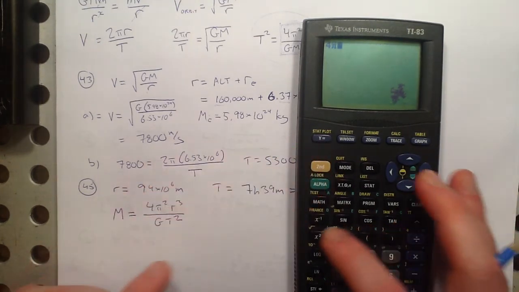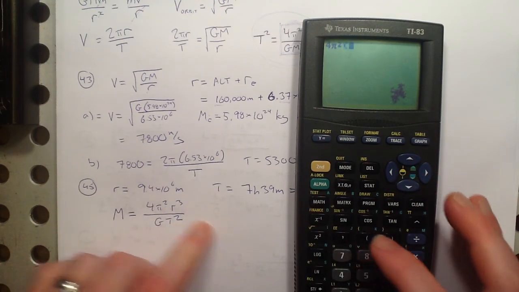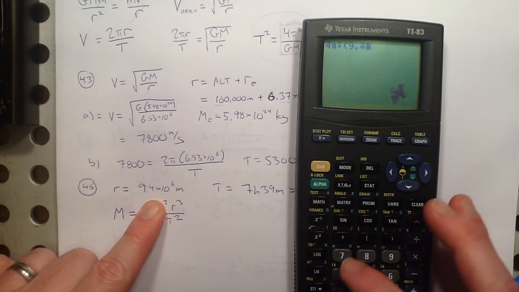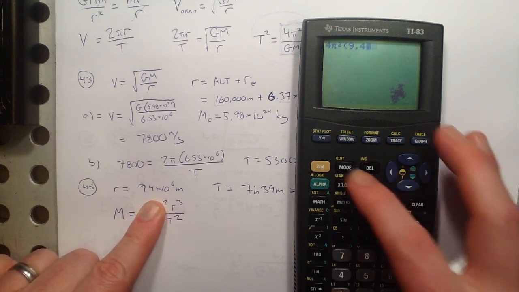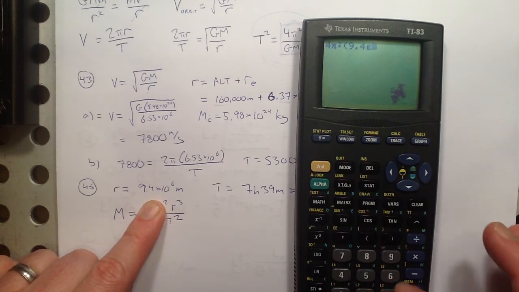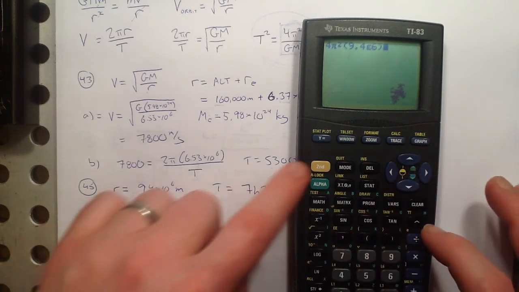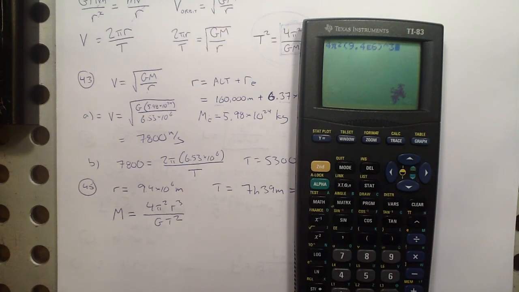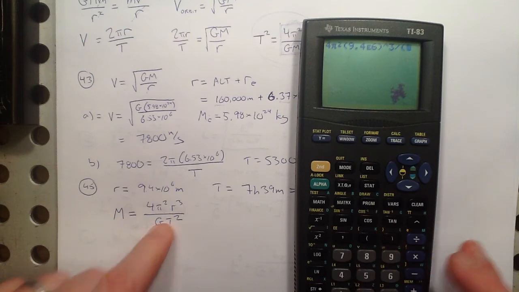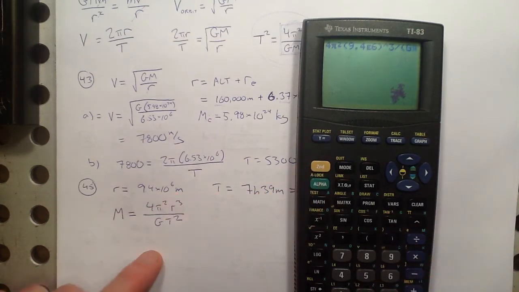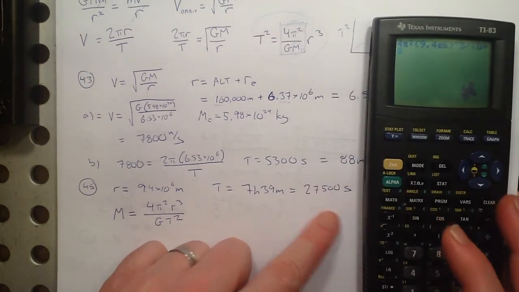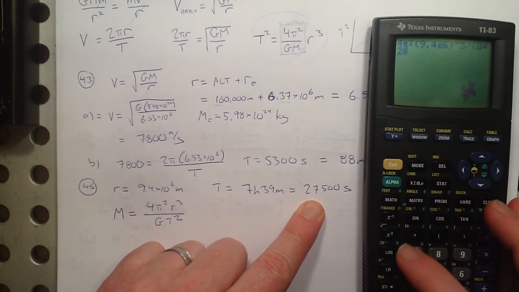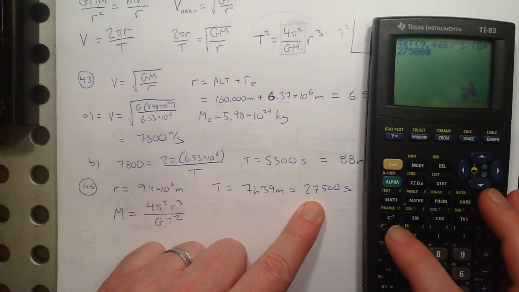4 pi squared times the radius, 9.4 times 10 to the 6th, cubed, divided by, and I'm going to put this in parentheses down here, G times the period in seconds, which is 27,500 squared.